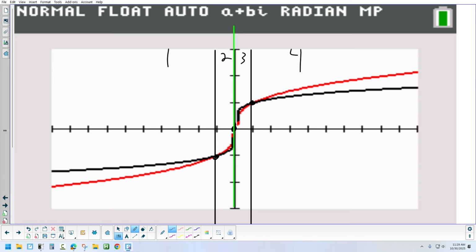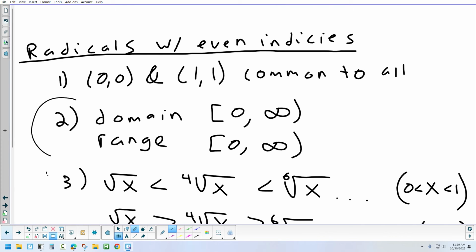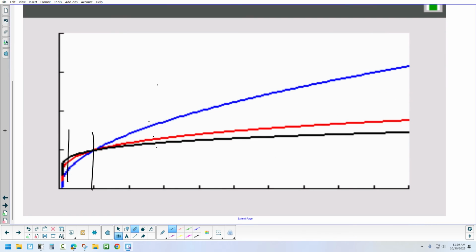I refer to this as the center point. Anytime we graph an odd root, we have to find the center and then draw it in each direction. Anytime we find an even root, we have to find the start point and then draw in one direction. So that's the big difference between even and odd roots.